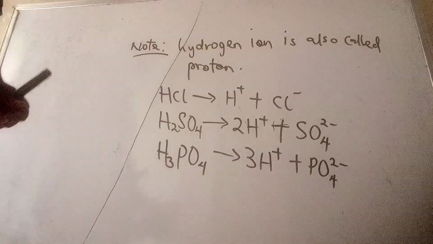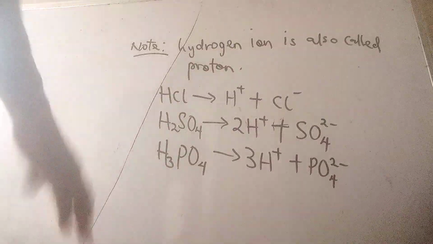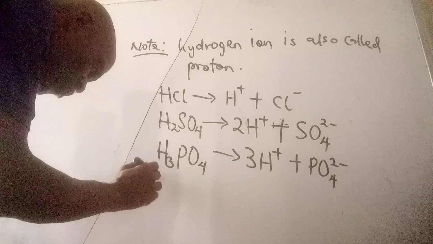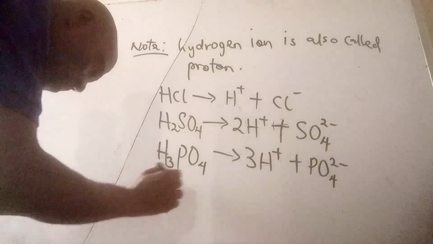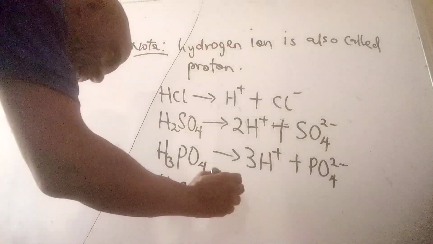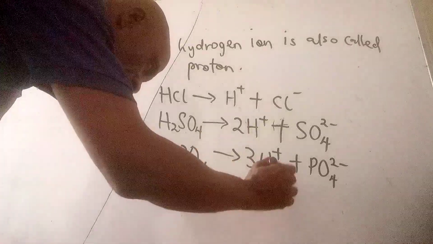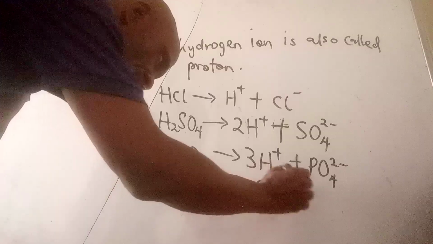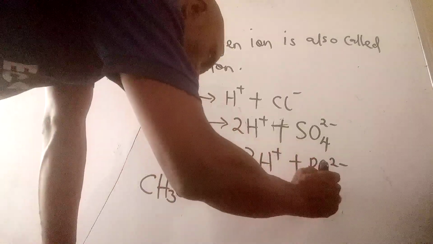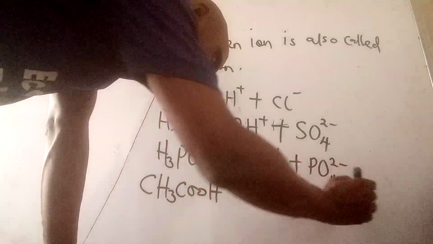What are strong acids and what are weak acids? But before I go into that, let me write one example of an organic acid. This is ethanoic acid. That one we produce only one hydrogen ion. Yes.